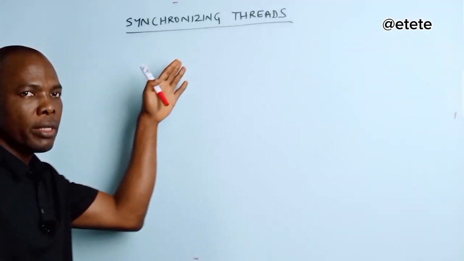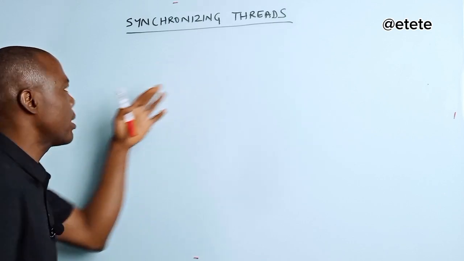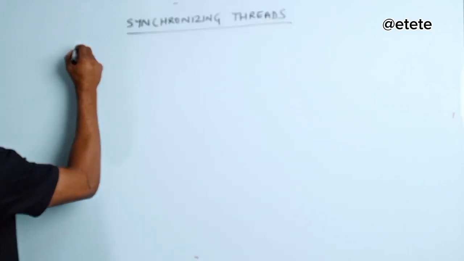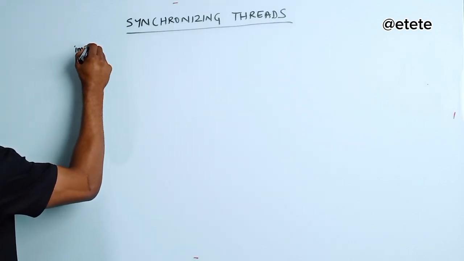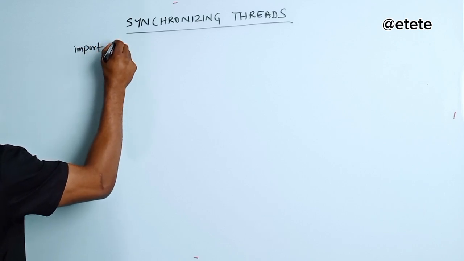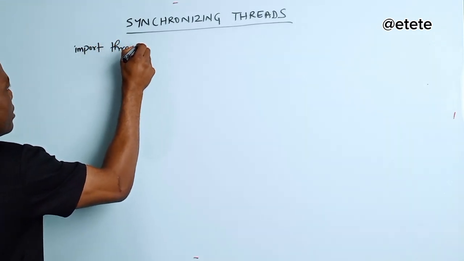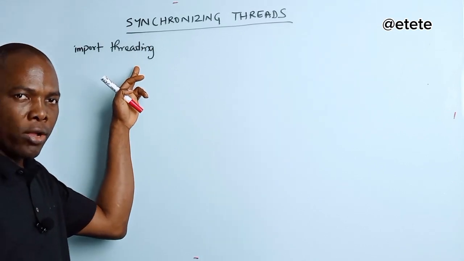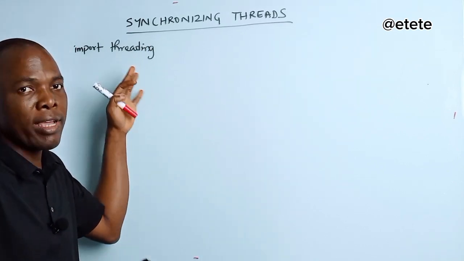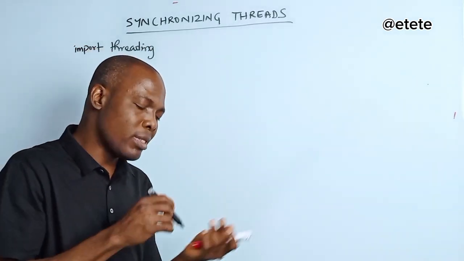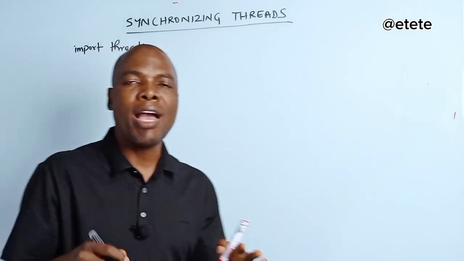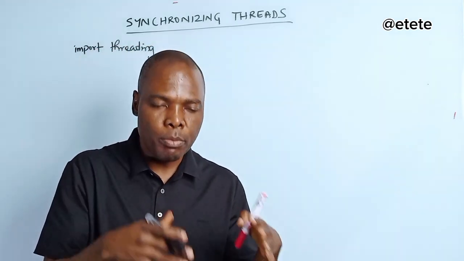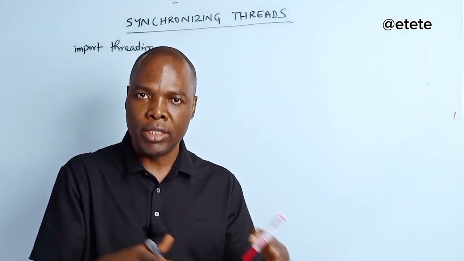So I'm going to import my threading module. import threading. This is a module that contains classes and objects that you are going to use. This is basically like you entering your kitchen to prepare a dish.